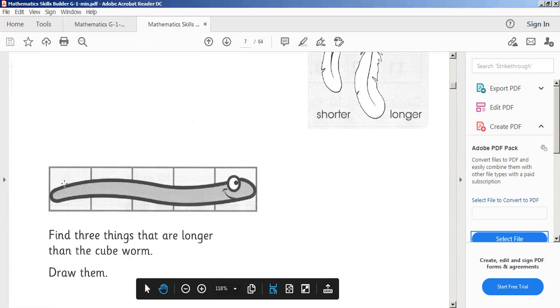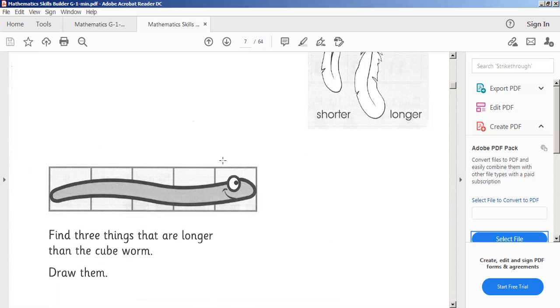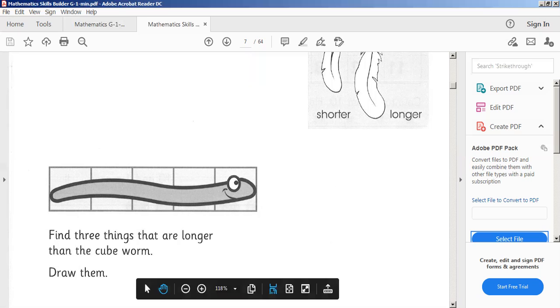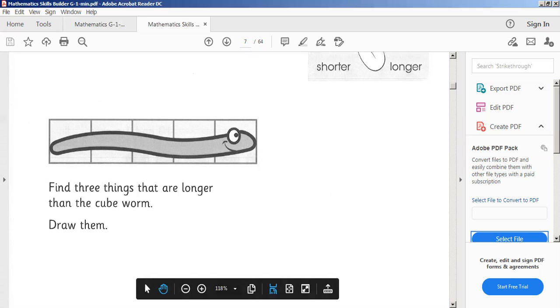You can make the same worm, or one scale, one pencil, and then measure in this box how many squares. 1 2 3 4 5. You can make a 6 square long pencil and a 7 square long scale here. Draw them here or down here.